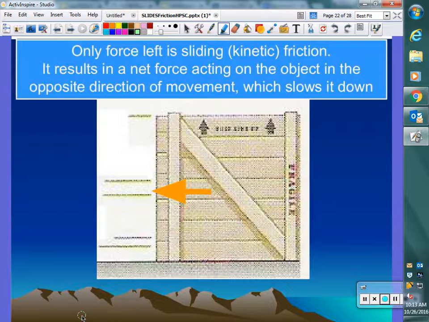It stops, right? So here's the question. Once it stops, is this force still there? No. I suppose you could rationalize that in two ways. One, kinetic relates to movement, so that wouldn't apply. But if that force did stay there after the object stopped, what would start happening?